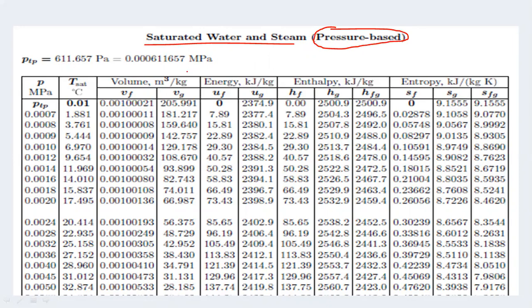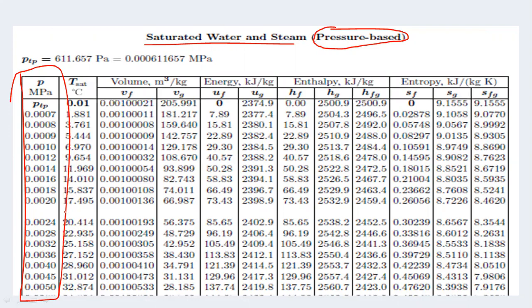Which means your first column, they have taken pressure as the reference value, and using pressure as the reference value, the other properties we are going to estimate.